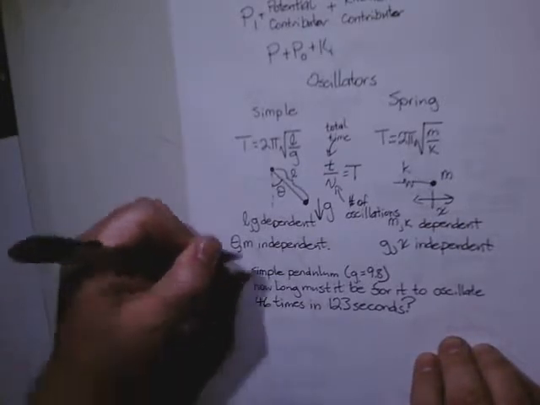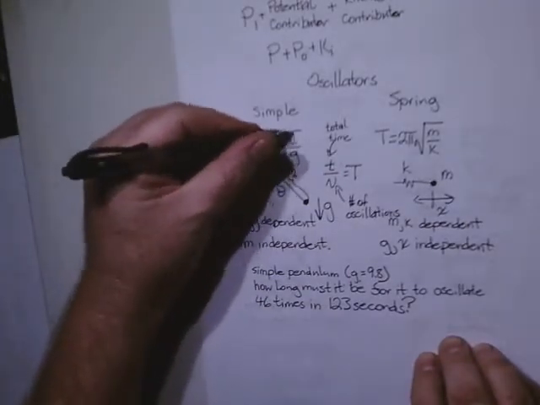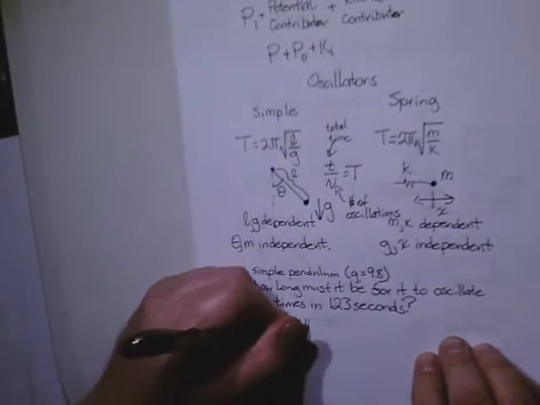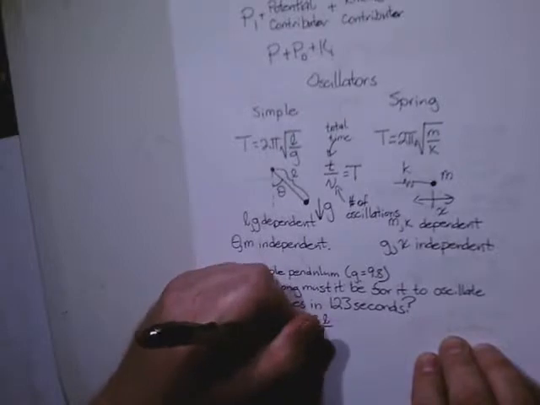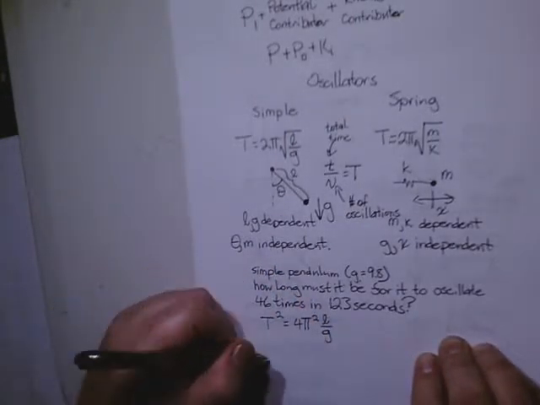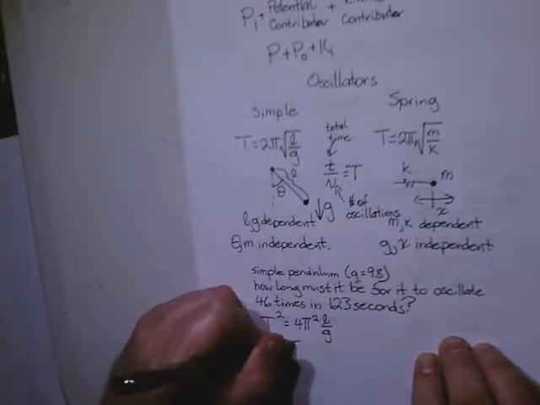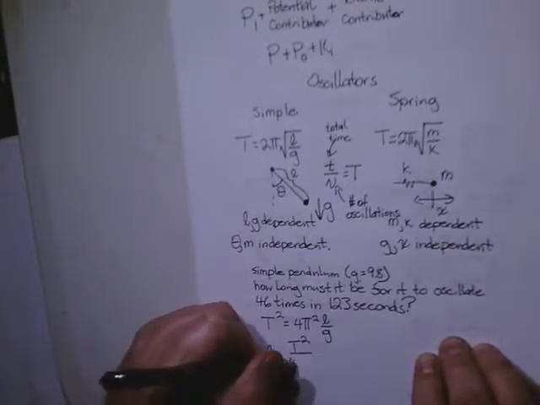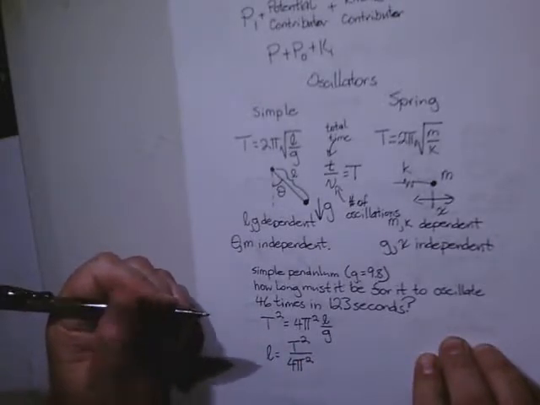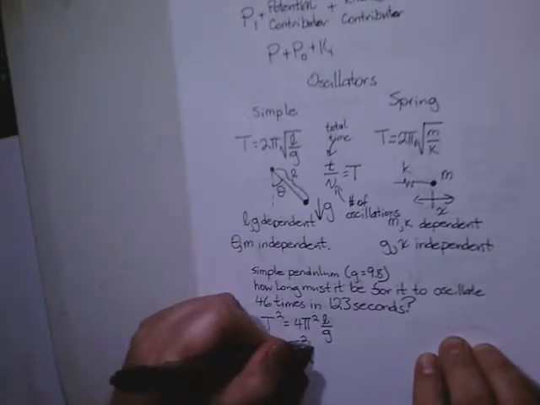So starting from this, I'm looking for L. I'd square it, and then solve for L. So L is t squared over 4 pi squared. That comes down, g comes up.